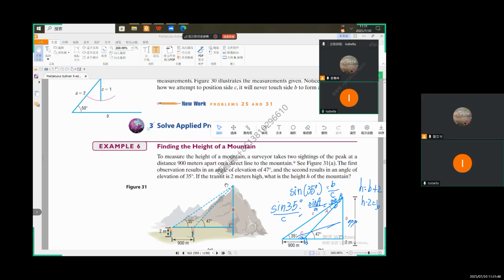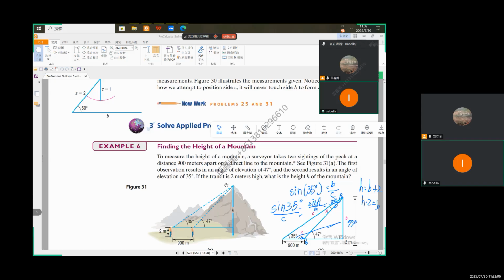Okay, one of them is 90 degrees. So sine 35. I guess if one of them equals 1 then.